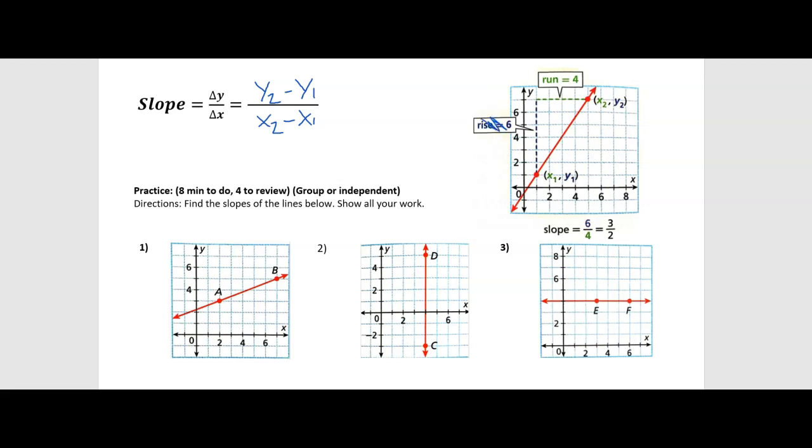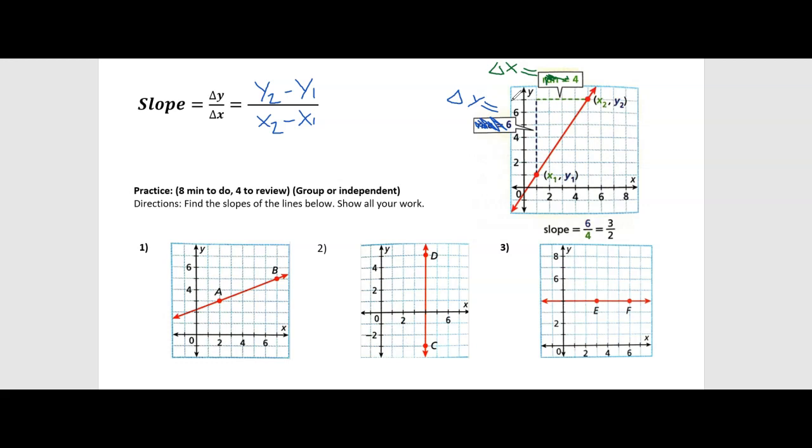So here, instead of saying rise, we can just say change in y is equal to 6. And instead of saying run over here, we can just say change in x is equal to 4. Again, change in y over change in x is going to be more beneficial when you're really working with the slope equation rather than just trying to trace the slope on the graph with your finger.